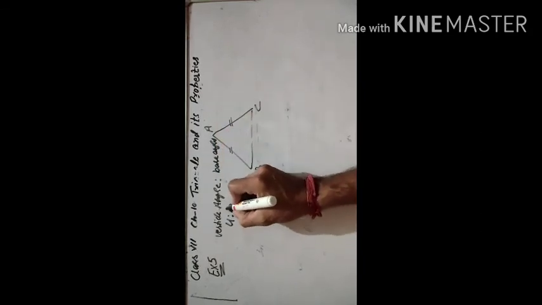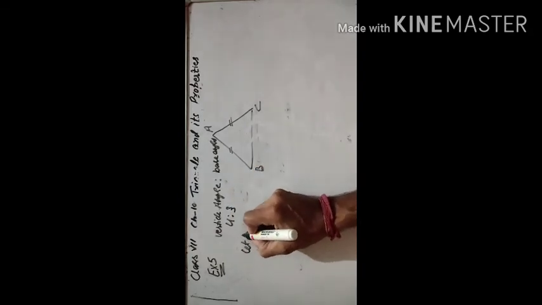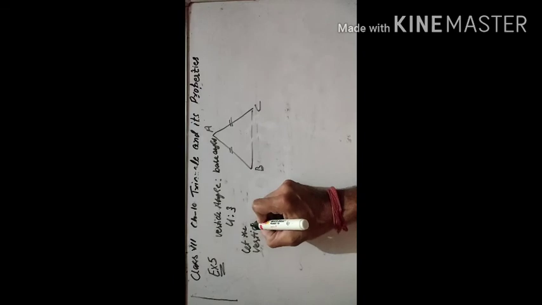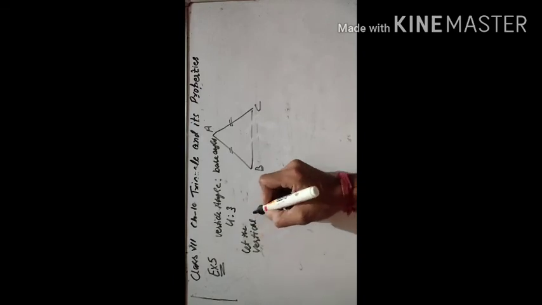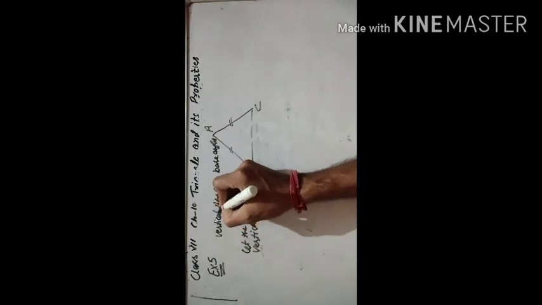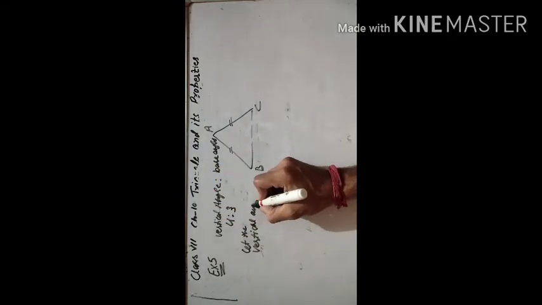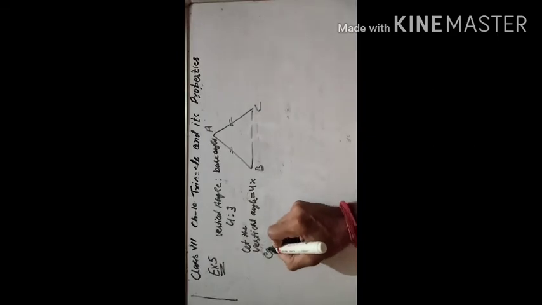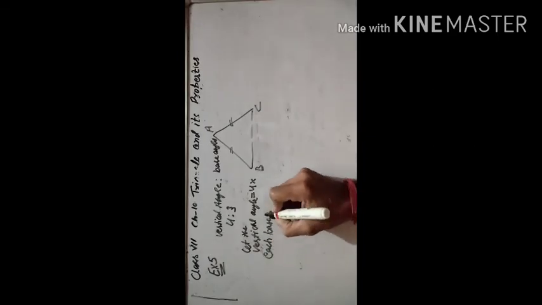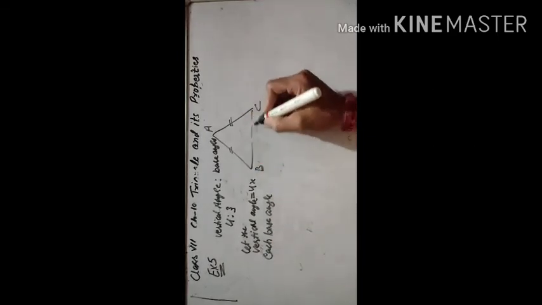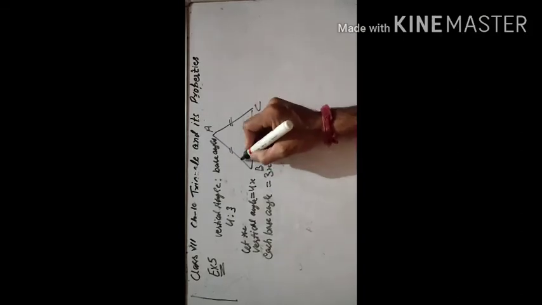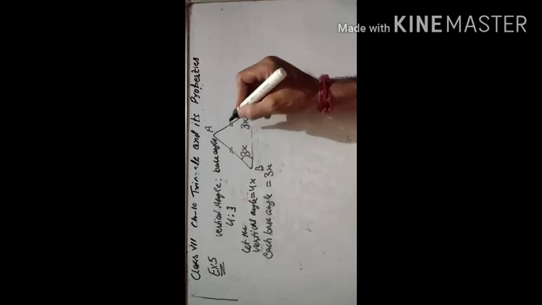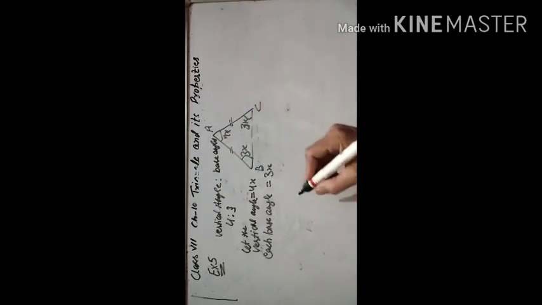Let the vertical angle be 4x. Each base angle, both are equal, is 3x. So this is 3x, this is 3x and this is 4x.